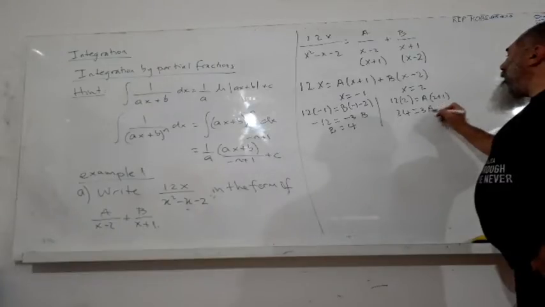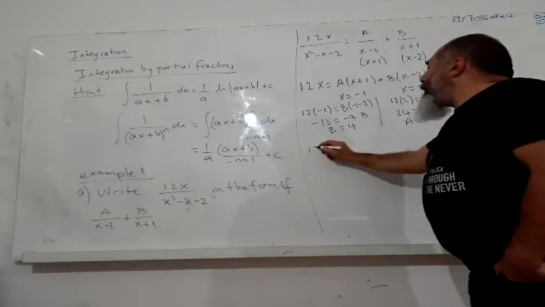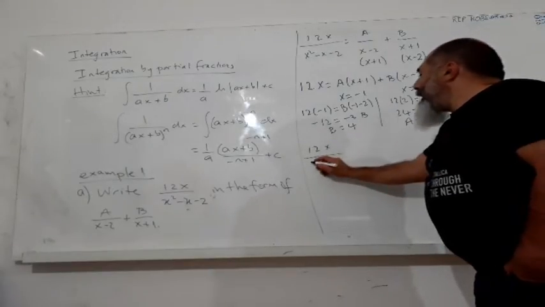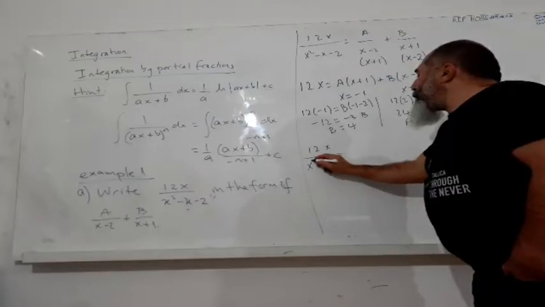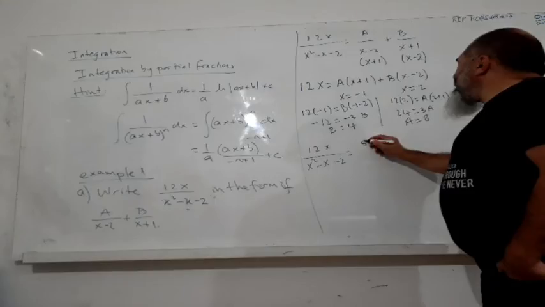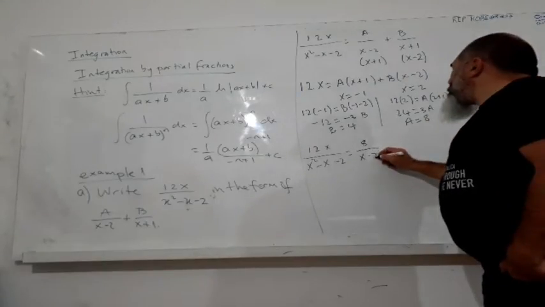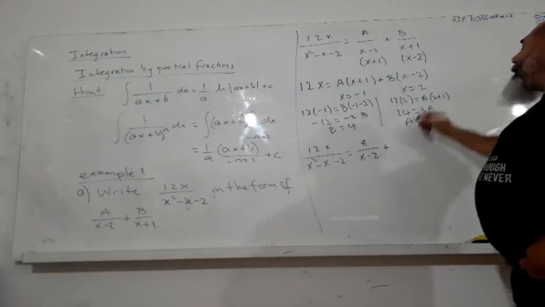So let's rewrite that one: 12x over x squared minus x minus 2 is equal to 8 over x minus 2 plus 4 over x plus 1.